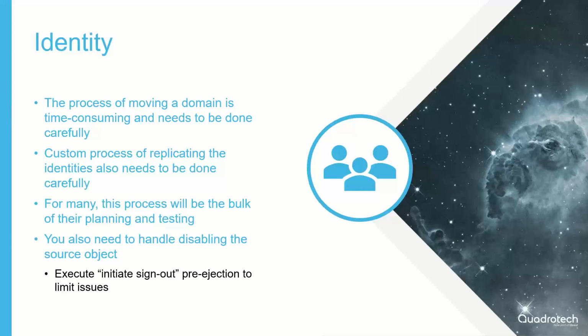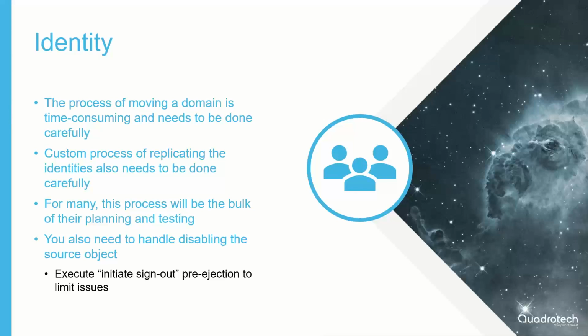The other scenario that you need to account for in the identity piece, and I reflected on this earlier, is you need to handle disabling of the source object. In a typical enterprise environment, we've seen scenarios where your PCs and your mobile devices could be managed by some provider, Intune, for example, where you may have conditional access rules in place that say I can't access any of my Office 365 workloads unless it's a managed device, on-prem and Azure with a hybrid joined device, or my mobile device is fully managed.